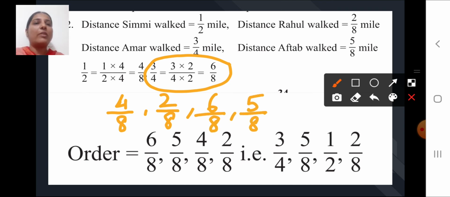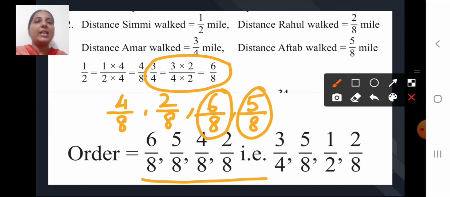Now we have to arrange them from greatest to smallest. The fraction with the greatest numerator will be greatest and we will arrange them accordingly. First we will write 6/8, then 5/8, then 4/8 and then 2/8. And now we will write their respective fractions.